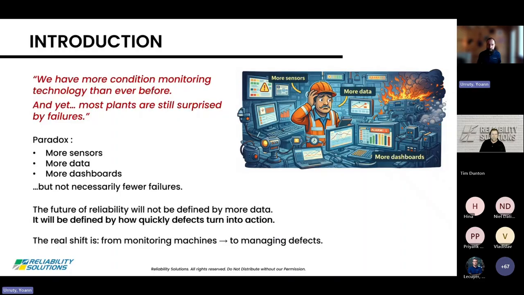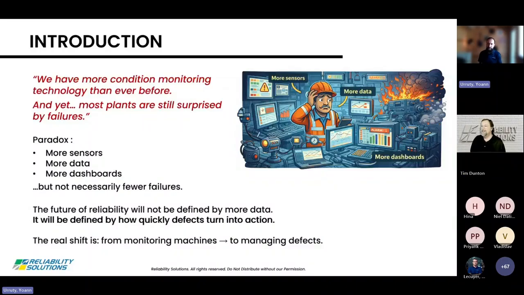So let's go. Introduction: like you just mentioned, Tim, we have more condition monitoring technologies than ever before. We've got sensors all over the place, SCADA systems, live monitoring, wireless monitoring, dashboards, data historians, etc. To convince yourself, if you go to a maintenance and reliability trade show, you'll see a new company selling wireless vibration sensors every couple months, right?